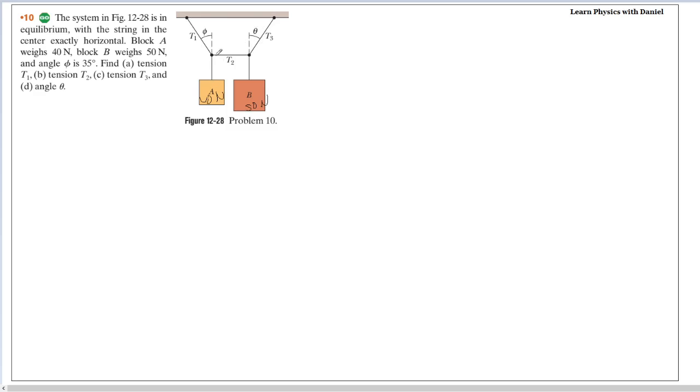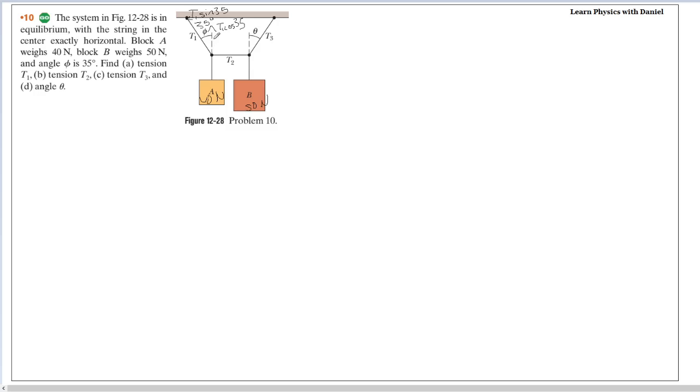So let's start with the side that we do know about. So the left side. We know that this angle is 35 degrees. So we can break this unknown T1 into known components. So then this vertical component would be T1 cosine 35. And the horizontal component would be T1 sine 35. Now, because this system is in equilibrium, we know that this little joint here has to have no net force on it.